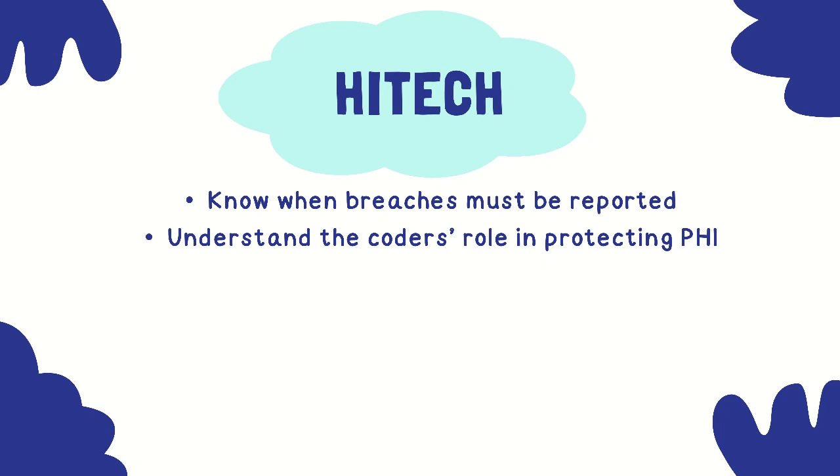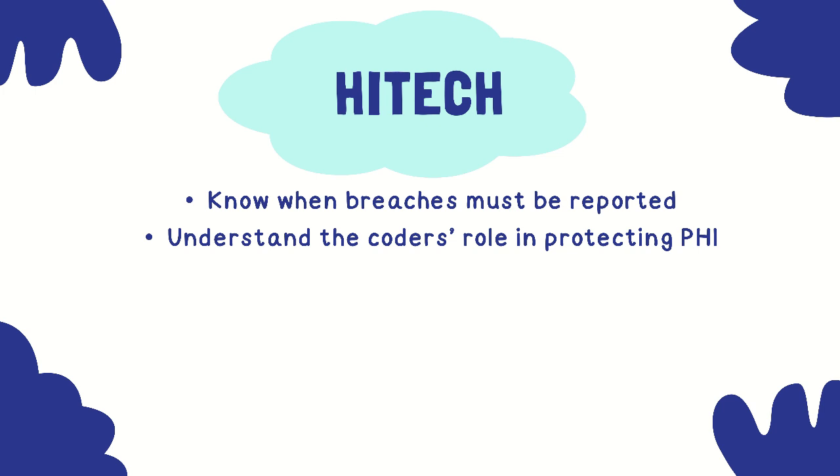They have to be reported to the patients that were affected, as well as the Department of Health and Human Services, the Office of the National Coordinator, ONC, as well as major media outlets if required. So, if an unencrypted laptop with PHI is stolen, that triggers a reportable breach.